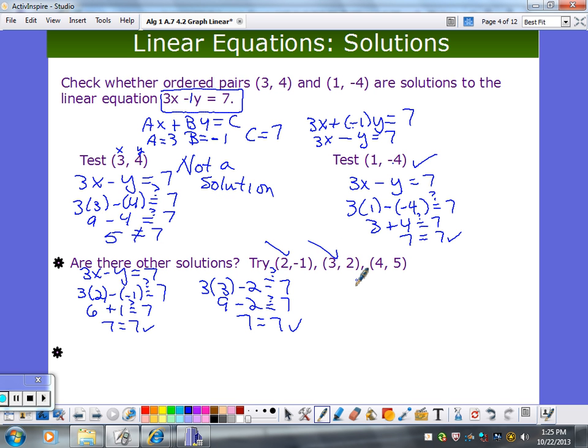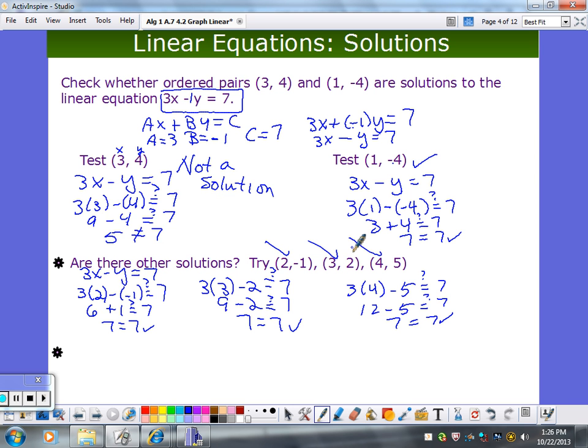How about 4, 5? 3 times 4 minus 5, is that the same as 7? 12 minus 5. Is that the same as 7? And it is. Look at this. So far, I've got 4 solutions. Only one wasn't. So, are there other ones? Can I find other solutions? Can you think of one?